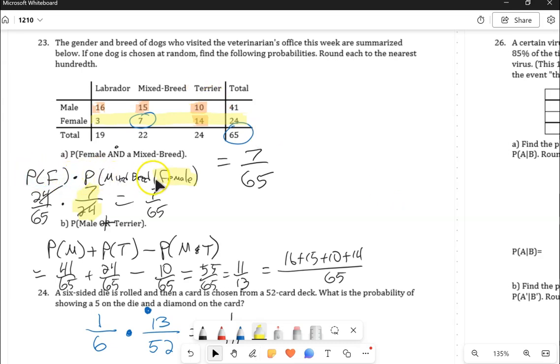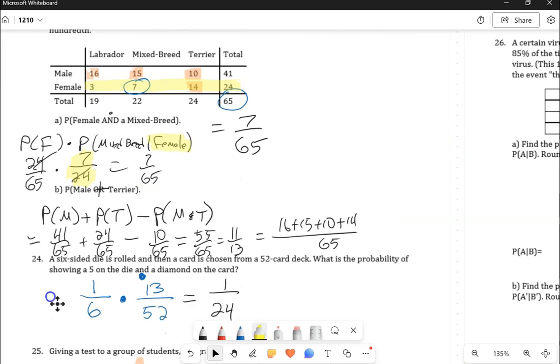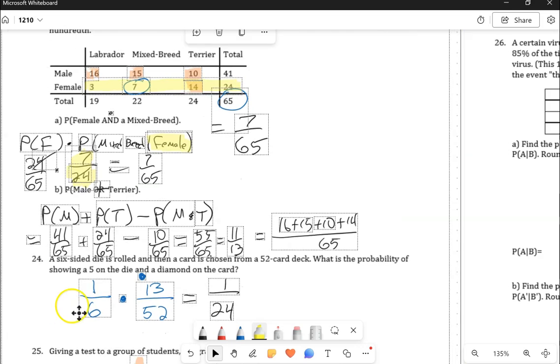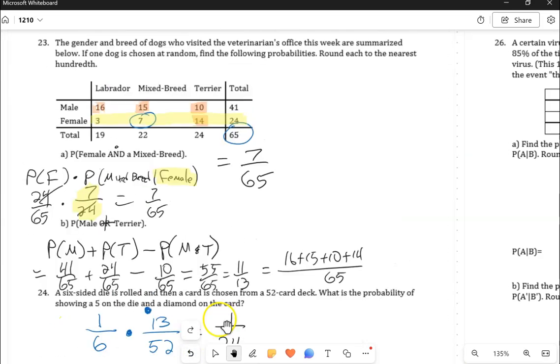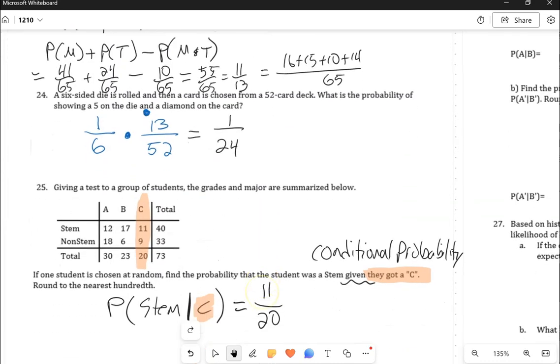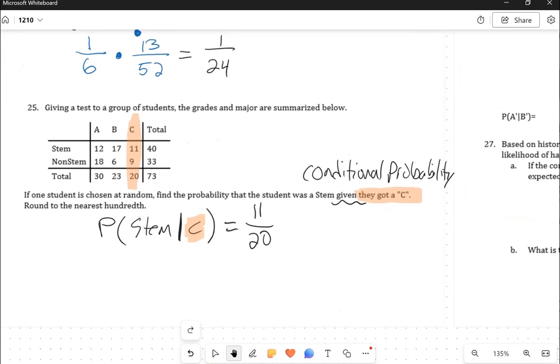Knowing the AND rule. The AND rule is really a pain, especially when you have a table like this and you can just see the 7 that are female and mixed breed. But anyway, that's where I got that from. Now that we have that, undo. There we go. Conditional probability.